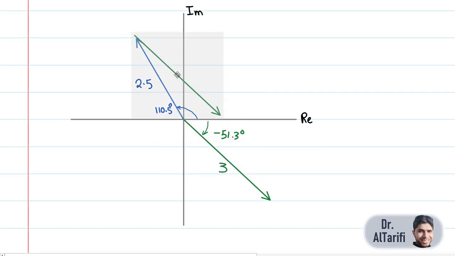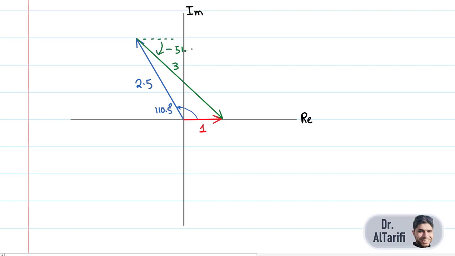When adding these two vectors together, we basically attach head to tail and measure from the first tail to the second head. What we get is a vector of magnitude 1 that aligns with the positive x-axis, which makes the phase 0. This is indeed the right-hand side of the equation.